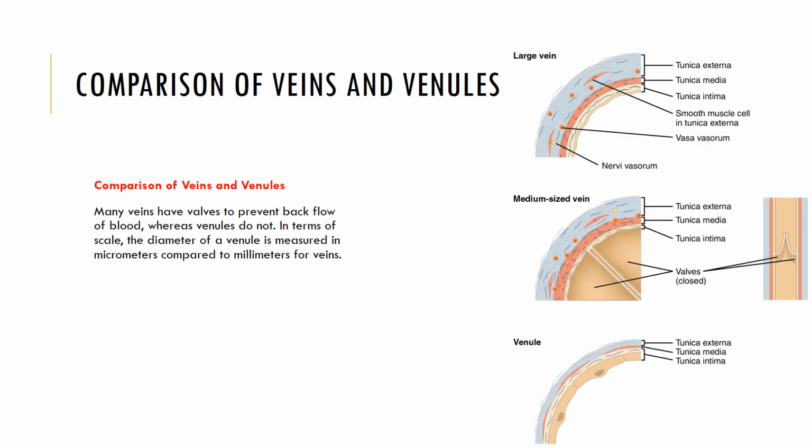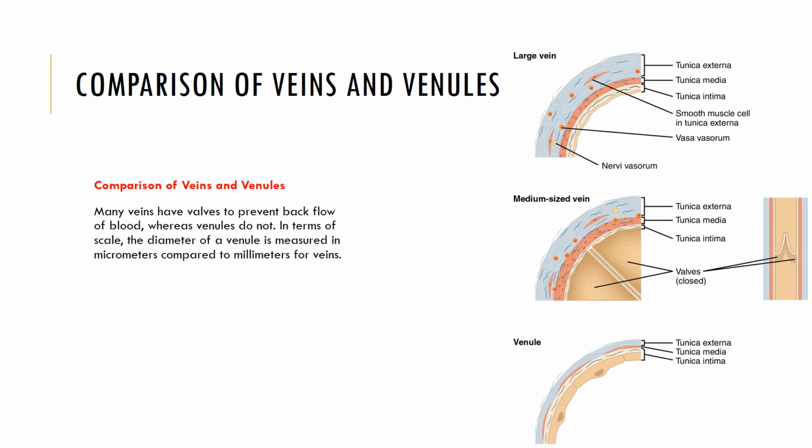Here we can see a comparison of some of the veins and venules. There are large veins, which include the superior and inferior vena cava and their tributaries. All three vessel layer walls are present in large veins.